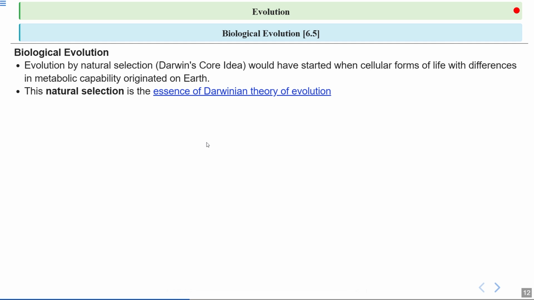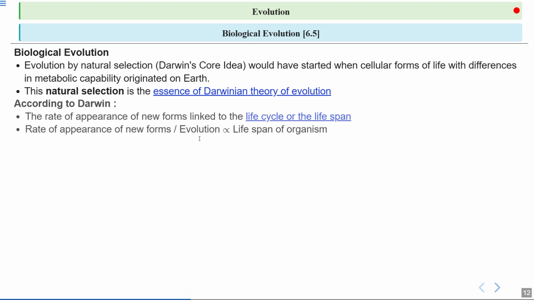Now natural selection is the essence of the Darwinian theory of evolution. So Darwin's theory of evolution is based on natural selection. According to Darwin, the appearance of a new form is linked to the life cycle or lifespan of that particular organism or species. So you can say the rate of appearance of new forms, or evolution, is inversely related to the lifespan of the organism.